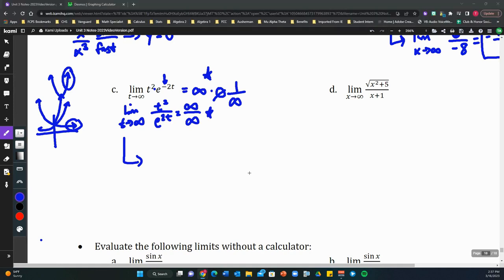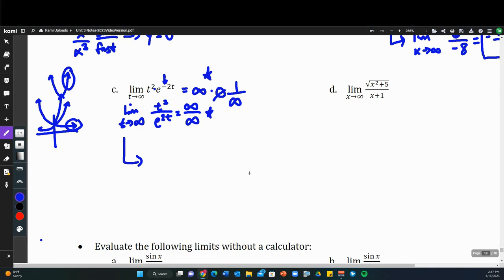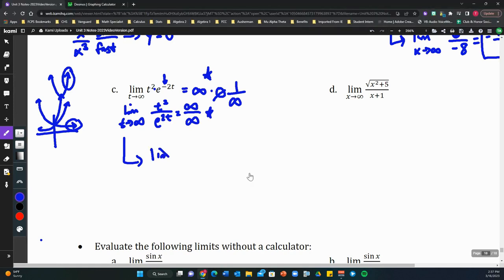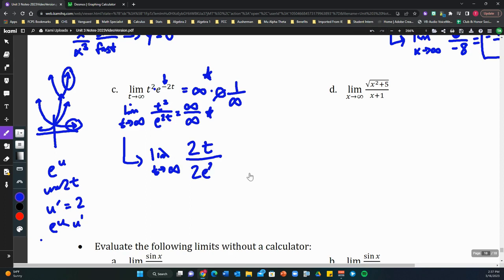So now that that's taken care of, now we can do L'Hopital. I'm going to take the limit as t goes to infinity of the derivative of t squared, which will be 2t. And then on the bottom, this is e to the u, where u is 2t, and u prime is 2. So then I get e to the u times u prime, or 2e to the 2t.